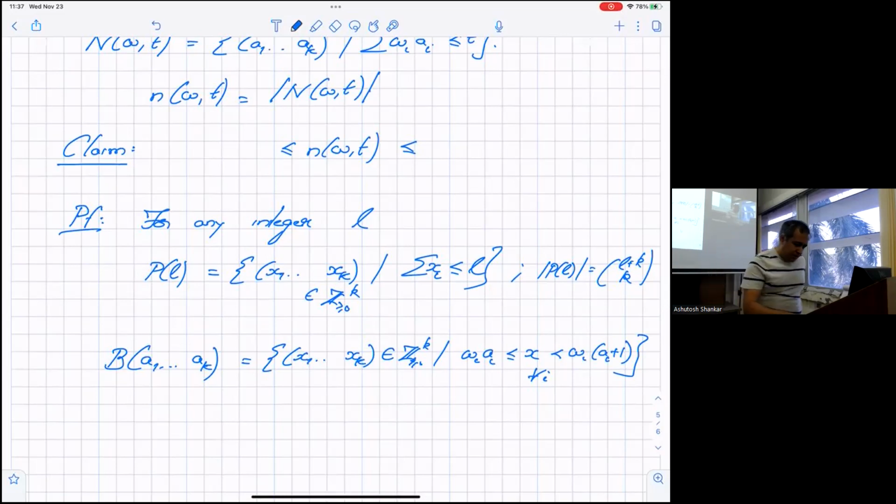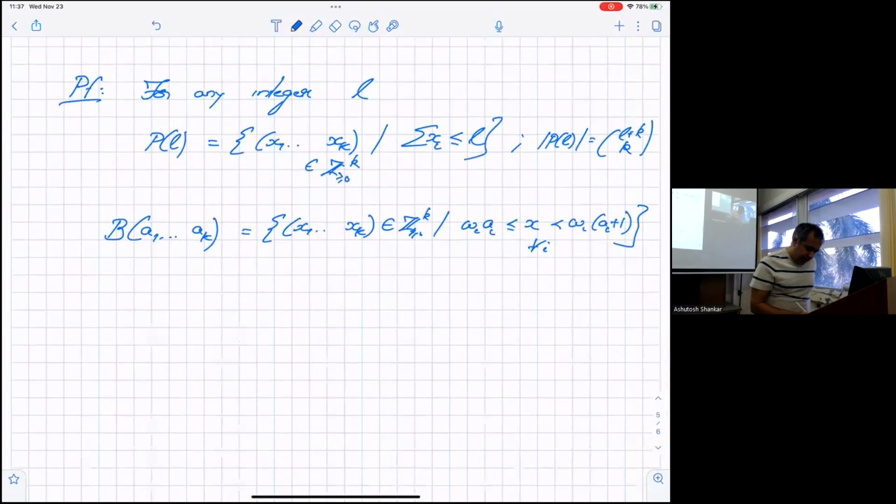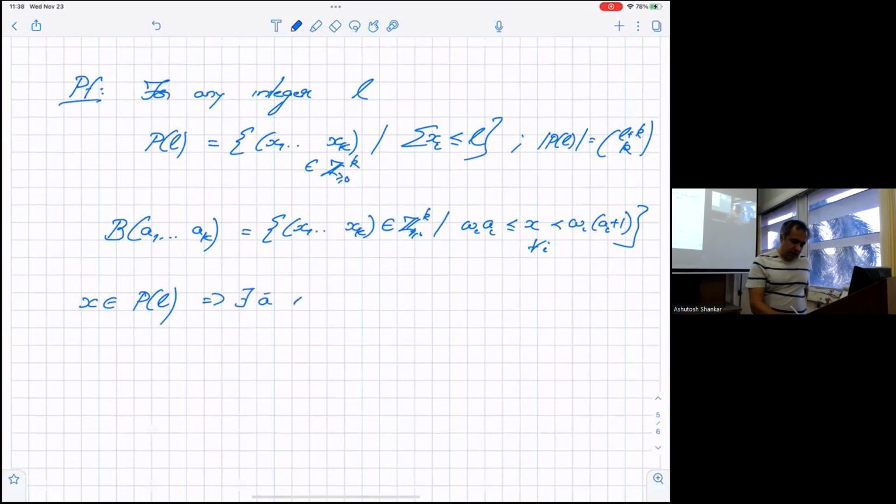Now we make two nice observations over here. Let's take any x in P_T. In particular, it is contained in some box. There exists an a such that x is contained in the box of a.